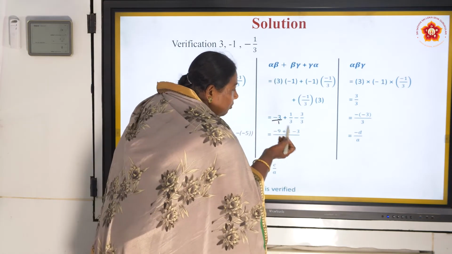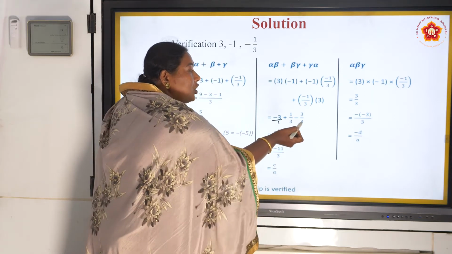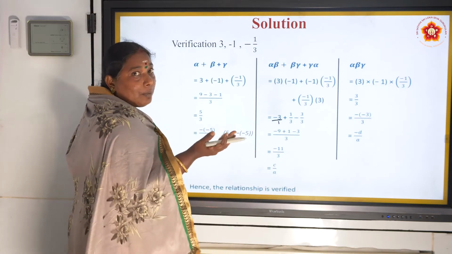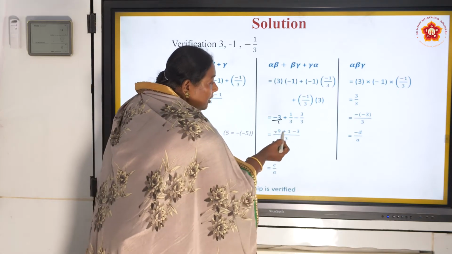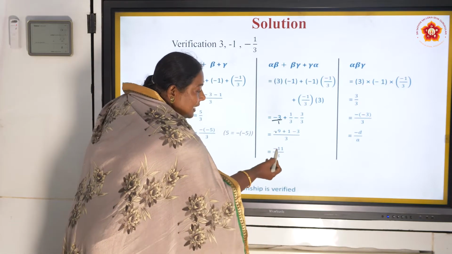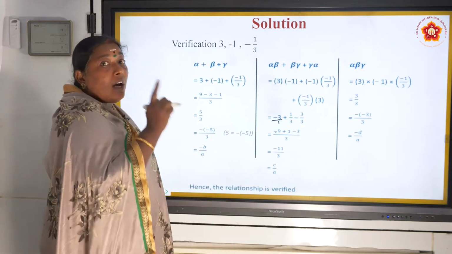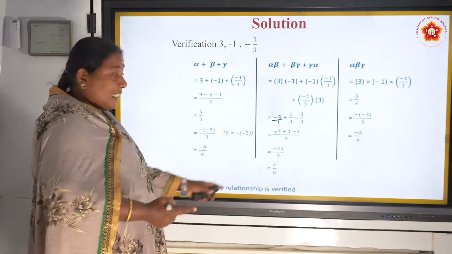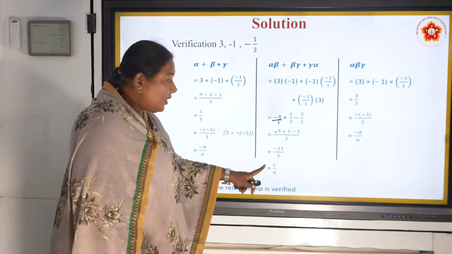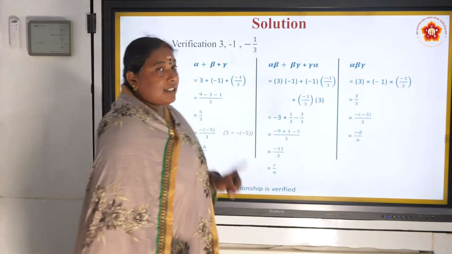So 3 by 1, what do you get? Minus 3 into 3, 9. Here all the denominators are 3, so I don't have to multiply anything with that. Minus 9 plus 1 minus 3 divided by 3. I get minus 11 by 3. This is equal to c by a. Directly I got the value. I know that c is equal to minus 11. Yes, I got it. Is it right? a is equal to 3, already have. Yes, true.